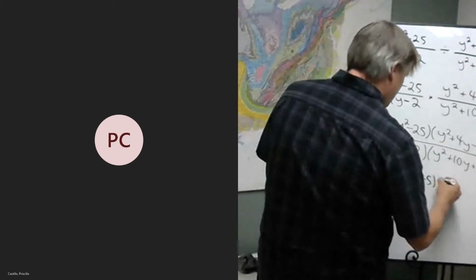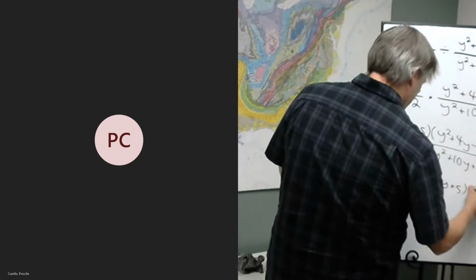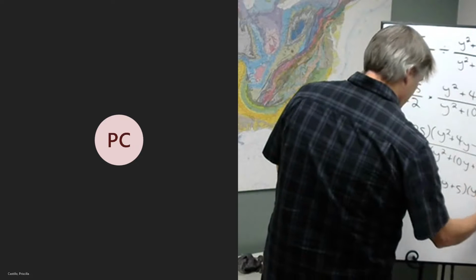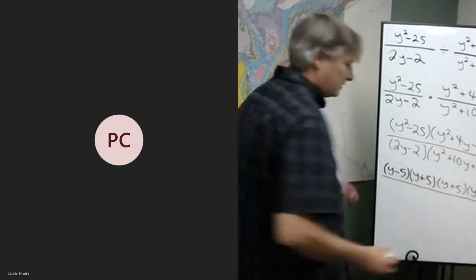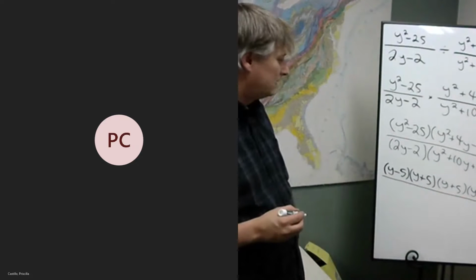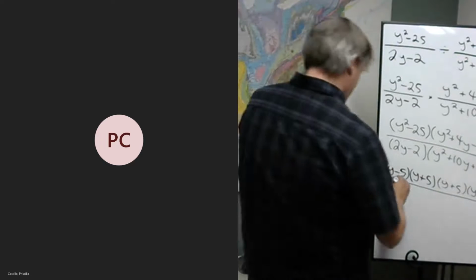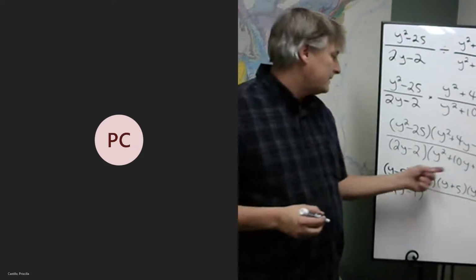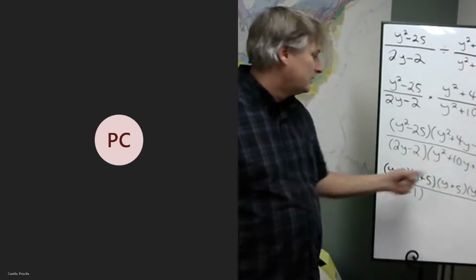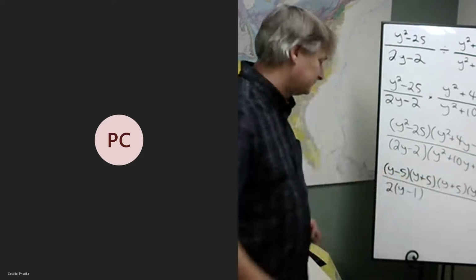Now what those 2 numbers can be: y plus 5, y minus 1. Now this down here we can factor out a 2. So we get 2 times y minus 1. And then again we'll use guess and check. 2 numbers that add up to 10, multiply to 25.